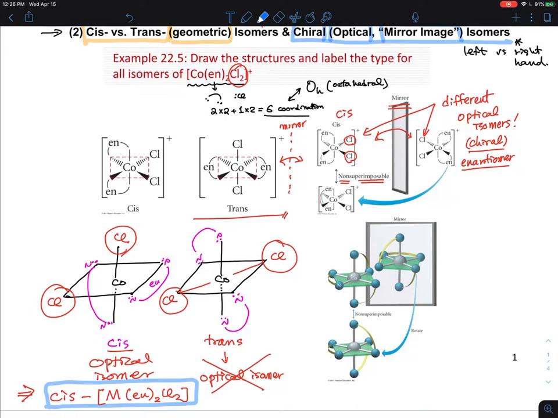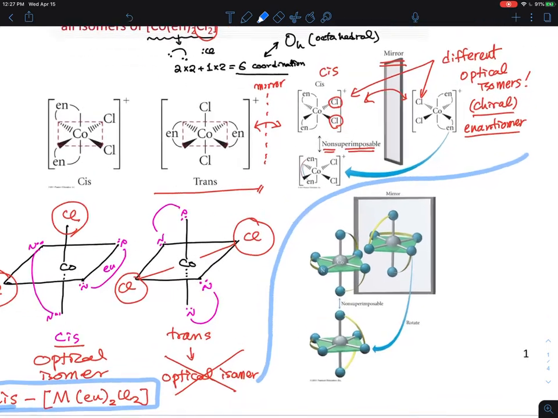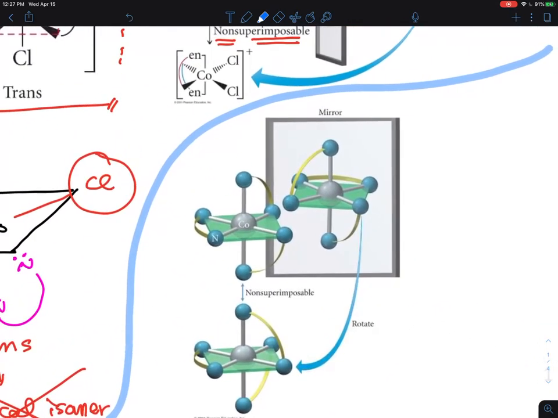Only for the cis geometric isomer can they have two different versions of optical isomers. And I also have another slide that I have copied. If you pay close attention to these images, now you can see that if I just assume this is a cobalt 3+, then it is a cobalt with an en3, right?